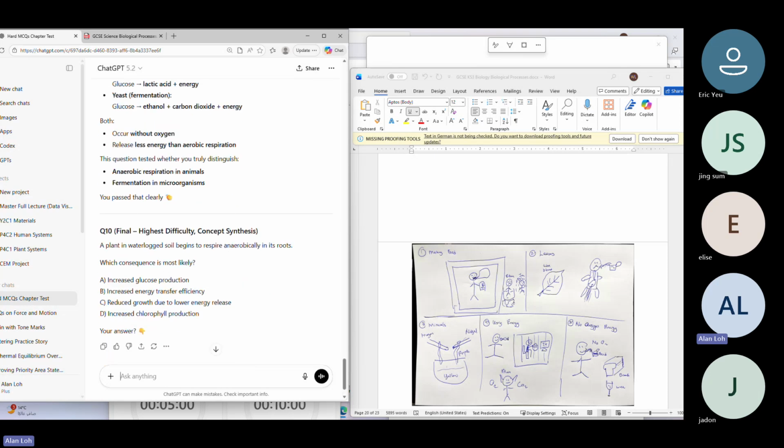Okay, last one. Answer by Shen. Okay, good. Last one, the highest difficulty. Okay, let's see how difficult is this. A plant. Anyone can answer, please. Tell me the drawer, tell me the answer. A plant in the water logs.